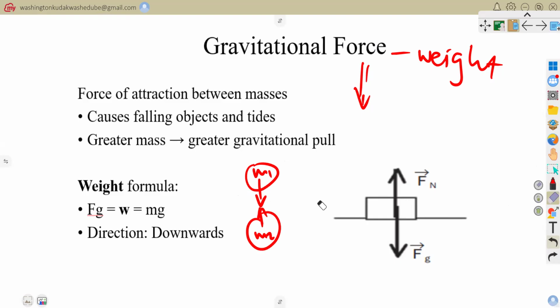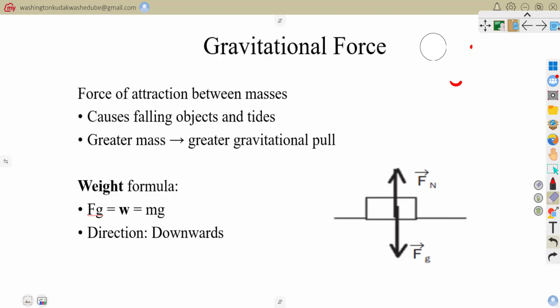This force is usually defined according to Newton's universal gravitational law. We shall dive deep into that law as we go, but for now we just need to know that the gravitational force is what causes objects to fall.